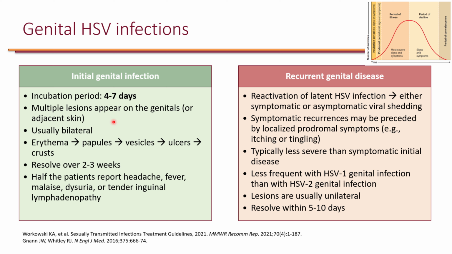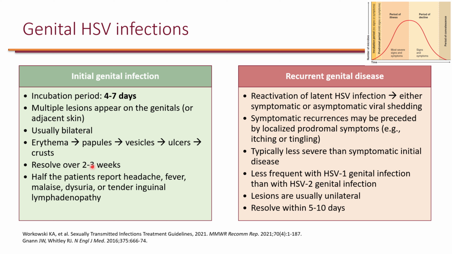Usually the lesions are bilateral, so there is some symmetry, and the lesions progress from erythema to papules to vesicles to ulcers that ultimately develop a crust. Without treatment, this essentially resolves over 2 to 3 weeks.